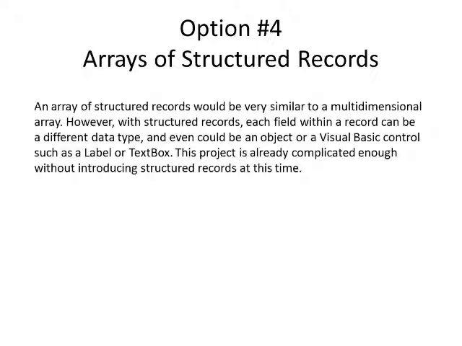An array of structured records is really cool, but I'm not going to cover it here. It's one more complication that I don't need to introduce at this time. The nice thing about structured records is that each field within a record can be a different data type and could even be an object or another Visual Basic control such as a label or a text box.